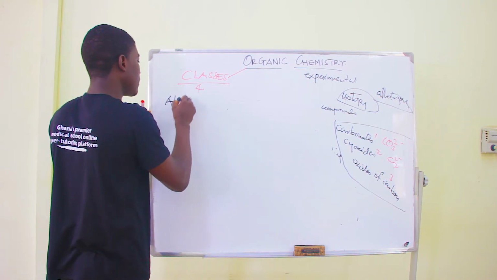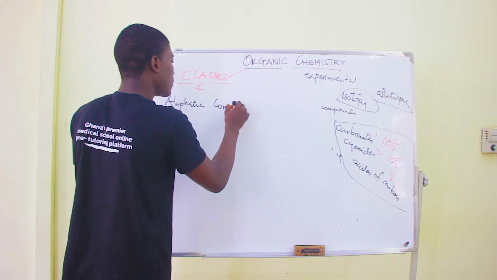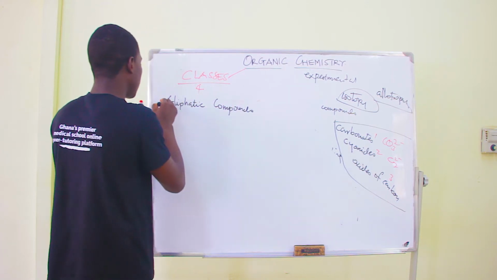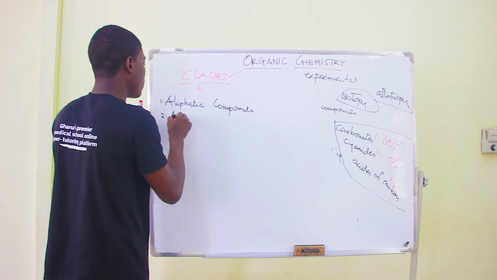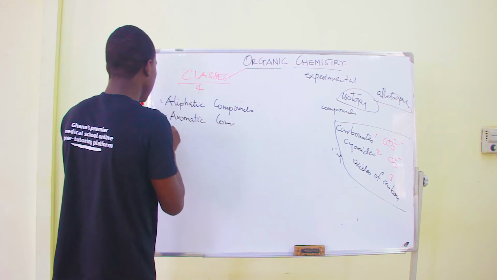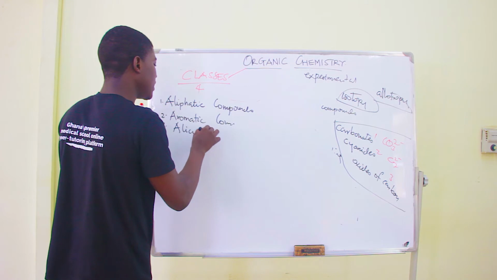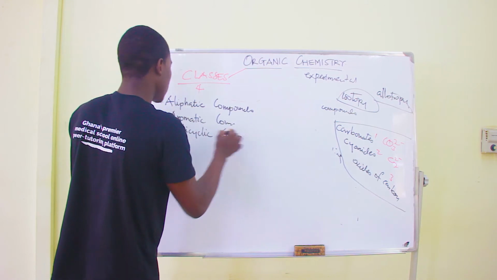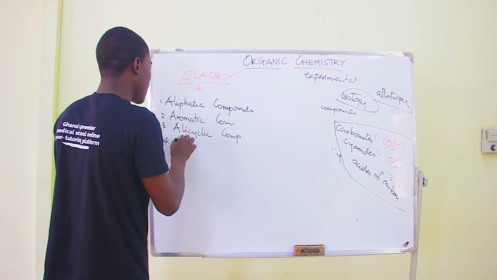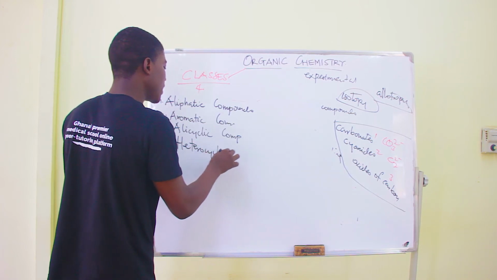Aliphatic compounds. We have 2. Aromatic compounds. We have 3. Alicyclic compounds. And then 4. We have heterocyclic compounds.